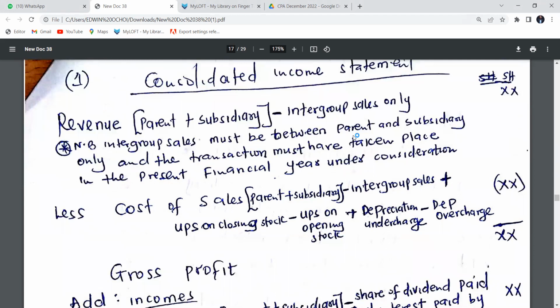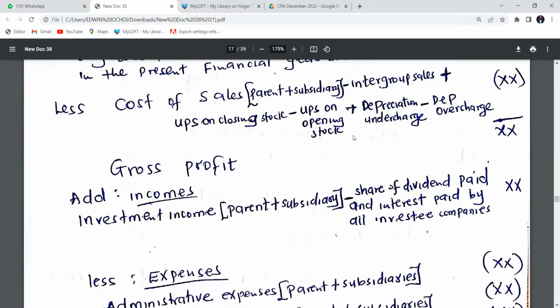Cost of sales, parent plus subsidiary, you minus intergroup sales plus UPS on closing stock. Now you know what's UPS. On closing stock, meaning the goods which are unsold by the end of the current year. On opening stock, the goods which are unsold by the end of the previous year. Depreciation undercharge, I said it arises due to revaluation, overcharge due to sale of fixed asset.